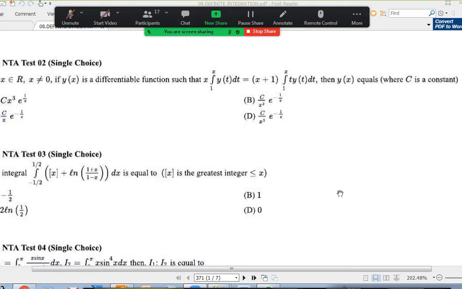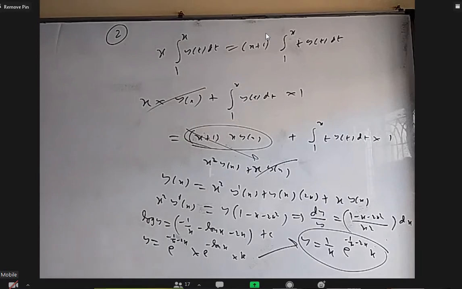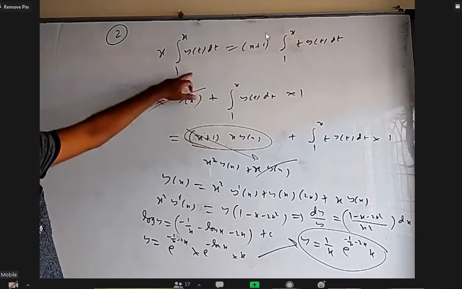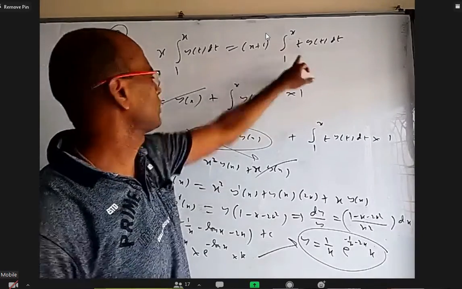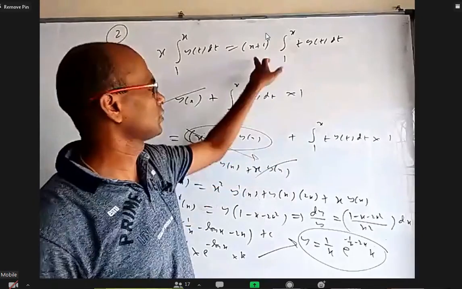Okay, somewhere some plus 2 minus 2 can be wrong. x into integral 1 to x of y(t) dt plus integral 1 to x of t y(t) dt. Here I use the product rule, and here this into the derivative of this is x y(x). This into the derivative, this is 1.